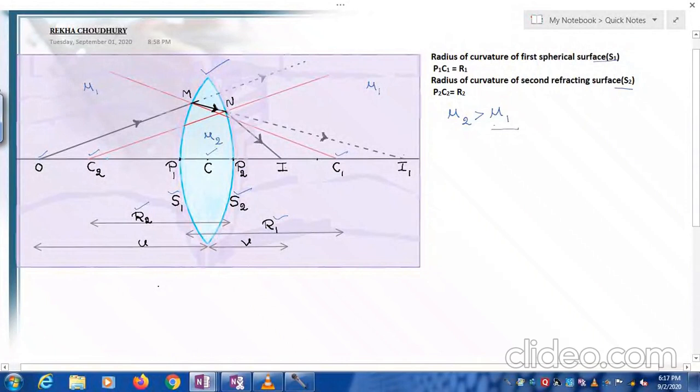So here C1M is the normal and this one is the direction of the incident ray. Now due to refraction at the point M, this ray will bend towards the normal.